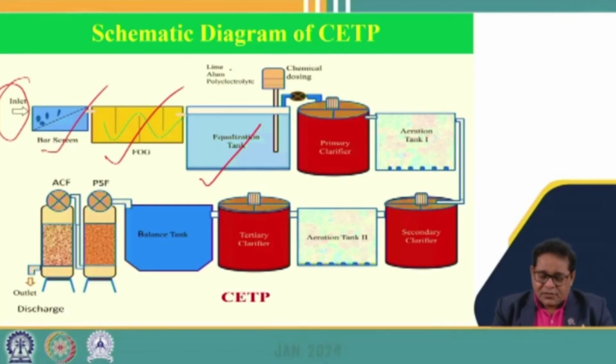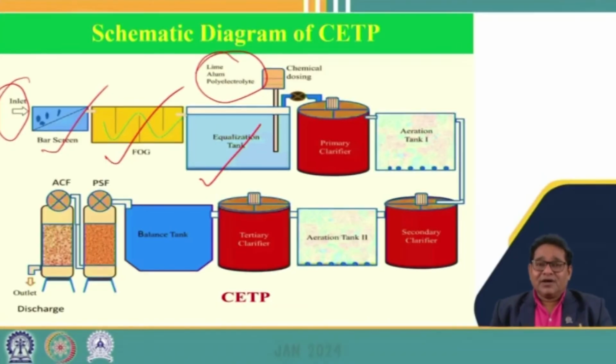And here we can also use lime, alum, and polyelectrolyte for neutralization of the wastewater, and they can be added as a coagulant. This can be used as a mixing basin if we use a chemical dosing system in the equalization tank along with a mixer, which will mix all these chemical agents or coagulants used for removal of colloidal impurities present in the wastewater.